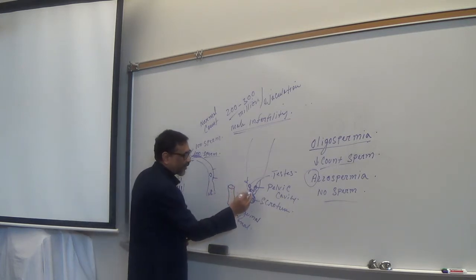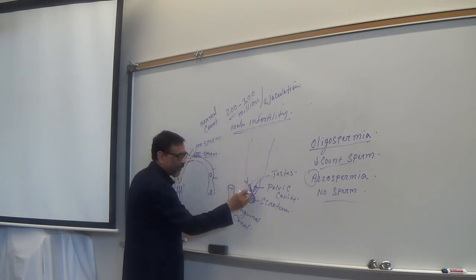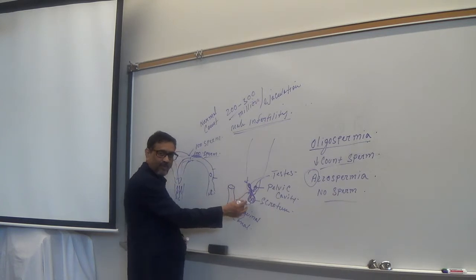So the testis enters into the inguinal canal, and then through the inguinal canal it goes down to the scrotum. Make sense? Sometimes the testis either remains here in the body cavity or remains in the inguinal canal, but fails to descend all the way down to the scrotum.